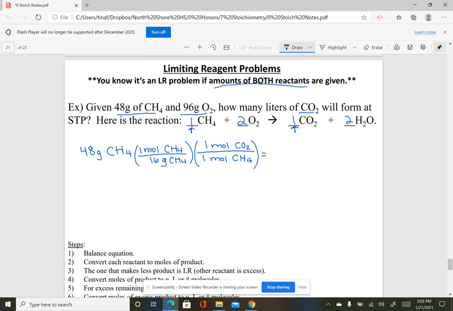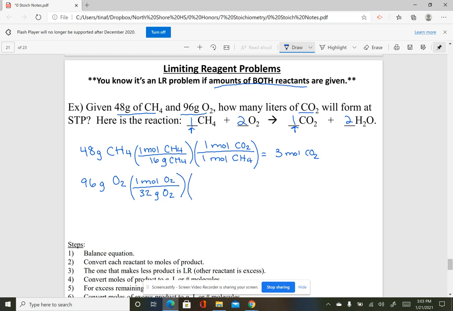Okay, so I'm going to stop here and solve, and I'm going to get 3 moles of CO2. So that's how many moles of CO2 I can make with 48 grams of methane. Now let's see what oxygen is going to give me. So again, I want to convert this to moles. You always have to go through moles. Okay, all right, so now I have moles of oxygen.